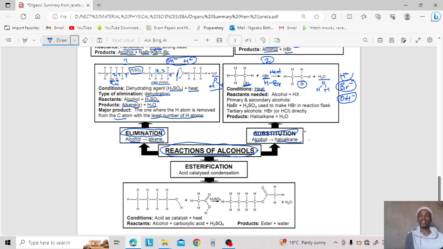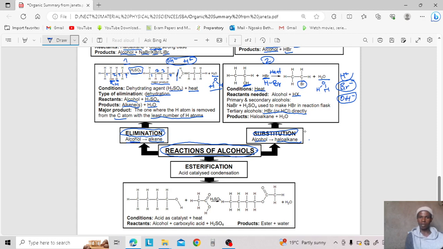The reactants needed are alcohol and then a hydrohalogen. The primary and secondary alcohols can do the same thing. Then NaBr plus H2SO4 is used to make HBr in the reaction flask. For tertiary alcohols, use HBr or HCl directly. So if you are going to react a tertiary alcohol, then you're going to react with HBr or HCl.